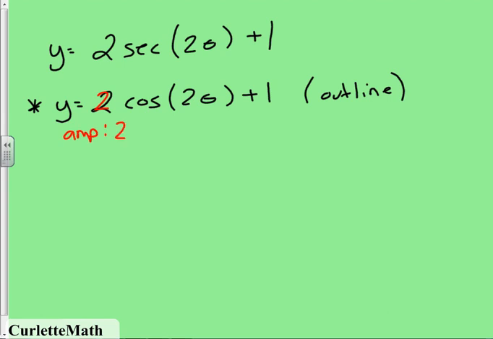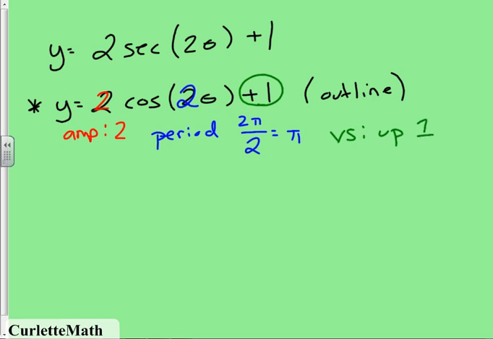I have a period of 2 pi divided by that number in front of theta, which is 2, which is going to give me pi. I have a vertical shift out here, which is going to tell me that my vertical shift line is going to go up 1. So let's start graphing this.